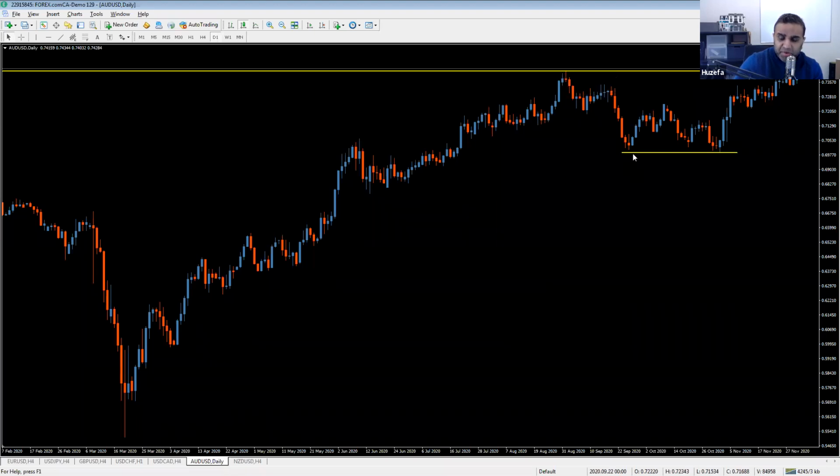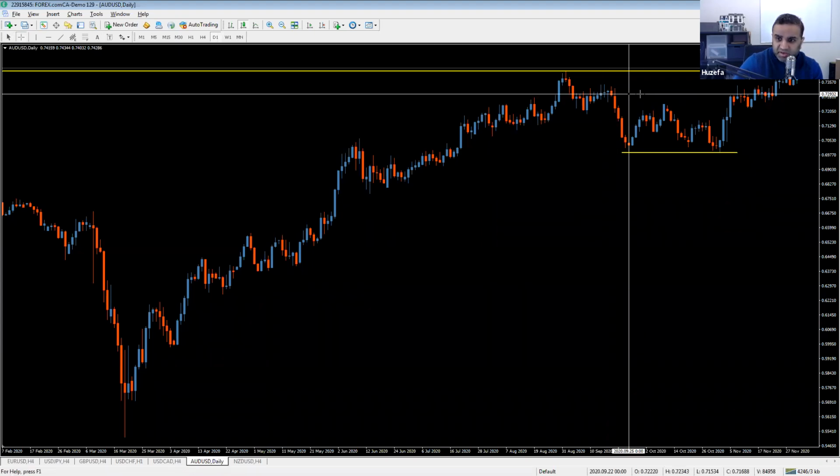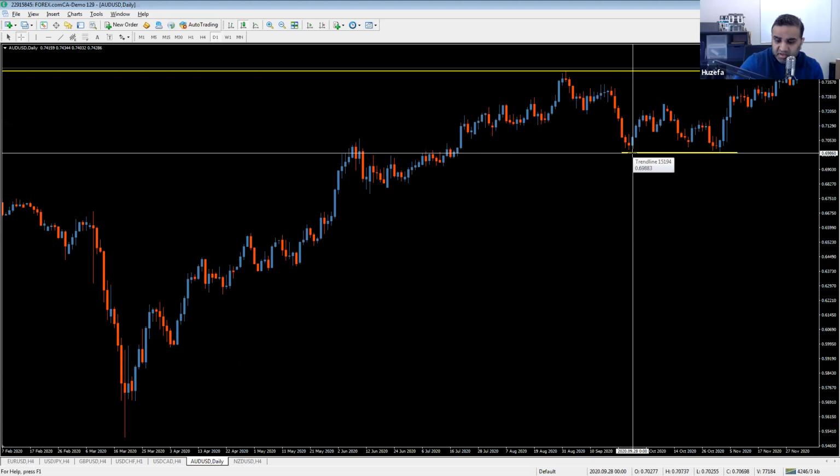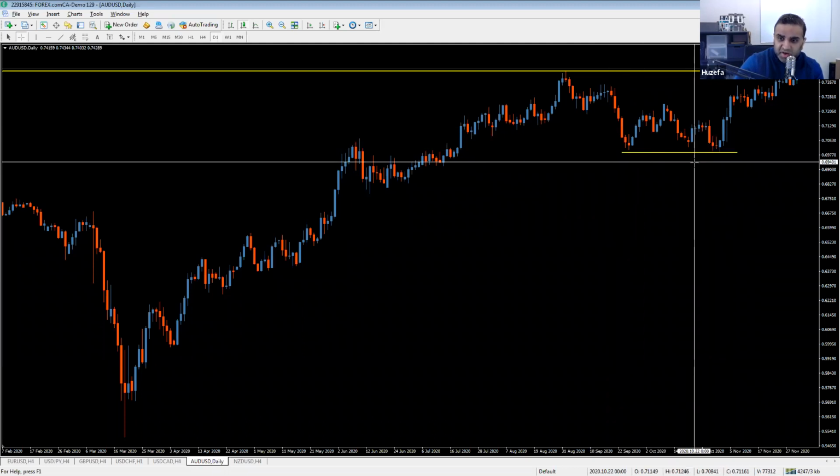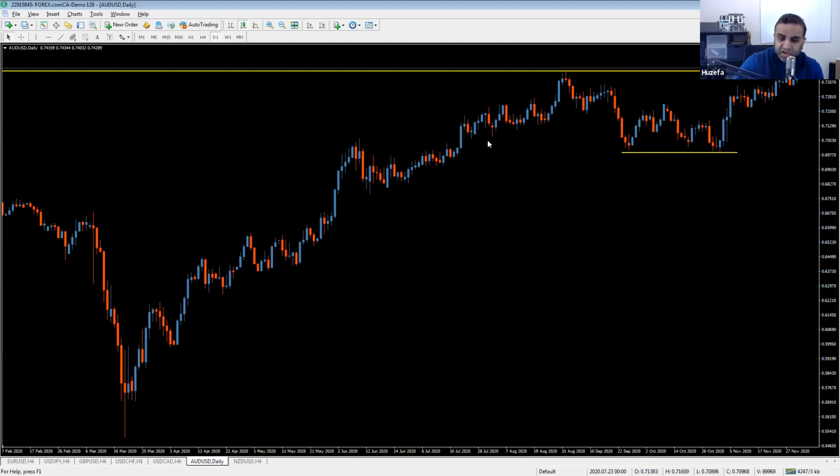It built a support over a few months, from the end of September to the end of October. So over that month, it built the support area, kind of confirming that this uptrend is holding, and then it broke through that resistance. So that's pretty much a high for the year.